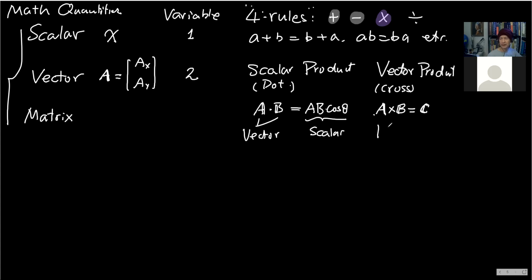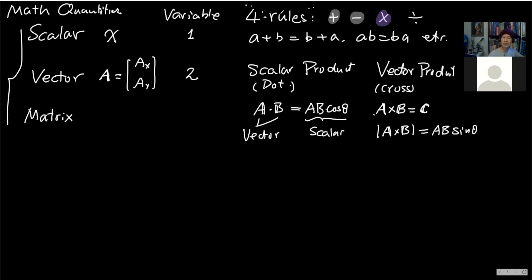If you just consider the magnitude of the cross product, it can be simply written as A multiply B multiply sine theta. This is sine theta, not cosine theta. I'm talking about the magnitude.